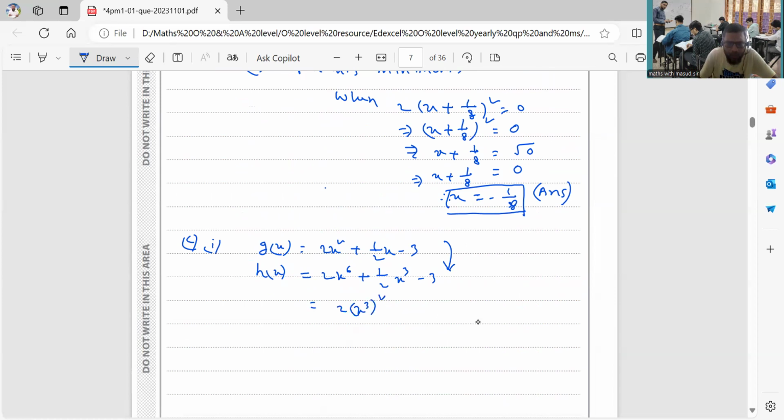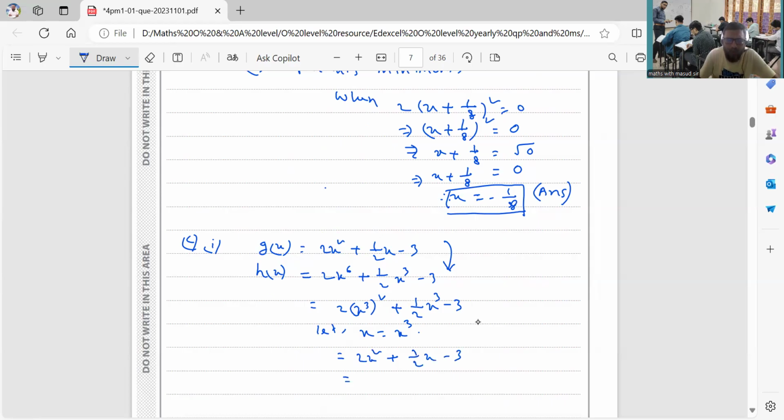Because when you take a power of a power, the powers are multiplied, so you have the same thing, plus half x cube and minus 3. Now you can substitute. Let us consider that x is replaced by x cube. So if x equals x cube, it will be the same, 2x square plus half x minus 3.